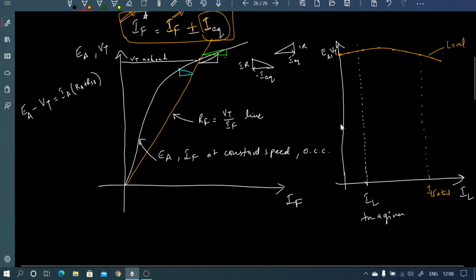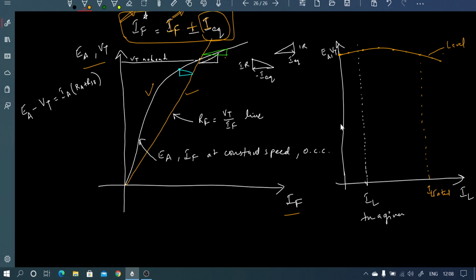Now, I have drawn the magnetization curve and the field circuit resistance line, right? This is I_F, E_A versus E_T. So the E_A graph I have shown and the V_T graph I have shown, right? Now this is I_L versus V_T, the actual terminal characteristics.